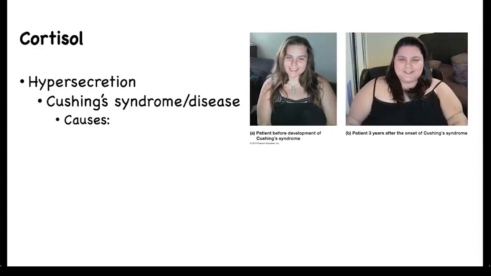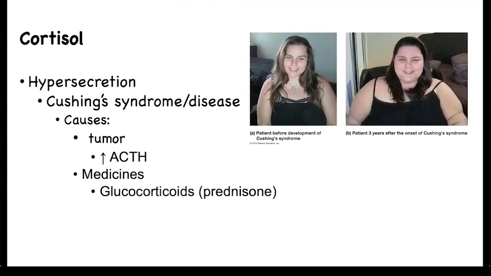Several causes exist for Cushing's syndrome. A tumor on the anterior pituitary can stimulate hypersecretion of ACTH. In addition, medications used for inflammatory disorders, such as the glucocorticoid prednisone, will bring about the same symptoms as seen in hypersecretion of ACTH.